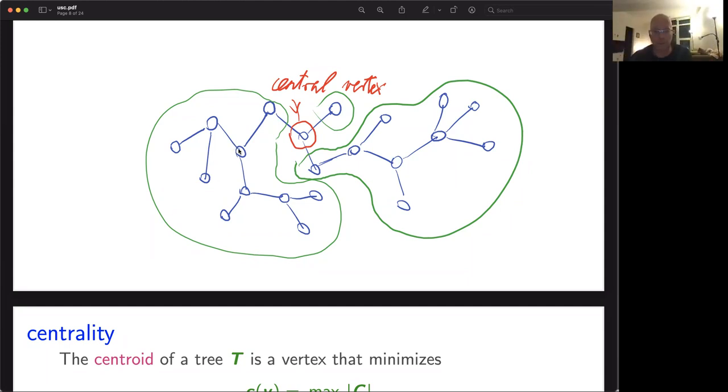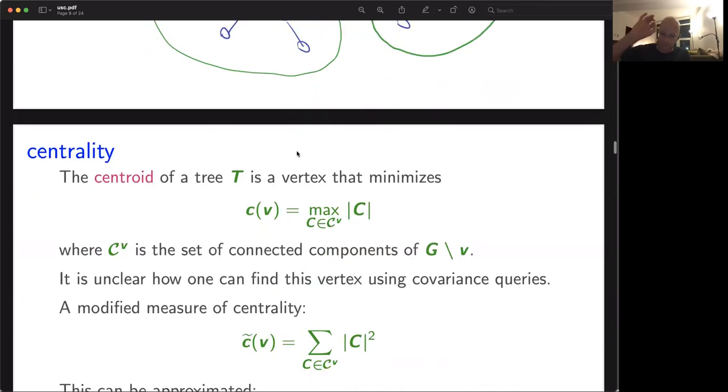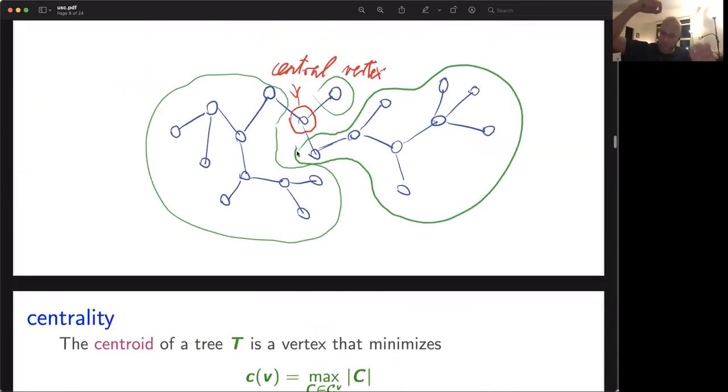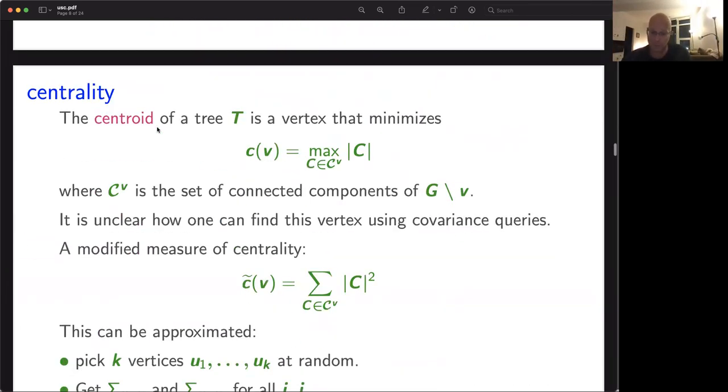The correlation between this vertex and this vertex will be the product of the correlation between this vertex and the pivot, and the correlation between the pivot and that vertex. Whereas if I pick two vertices that are in the same subtree, then this is not true anymore. So for any two vertices, with just 3 queries to the covariance oracle, I can decide whether they are in the same subtree or not.